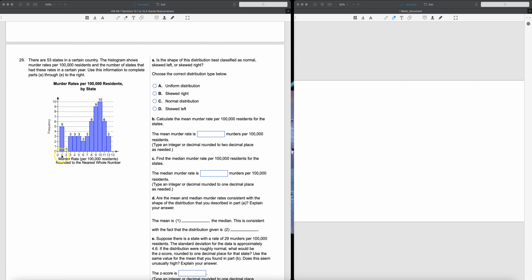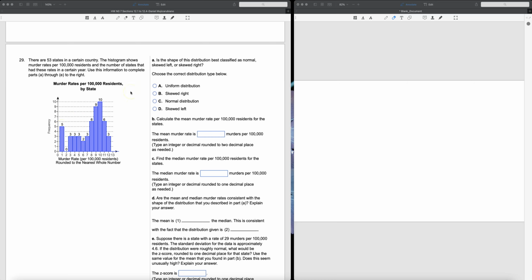And what is the meaning of those numbers? The meaning of those numbers is the murder rate per every 100,000 residents. So they took a sample, they measured that, and they found that for one murder per 100,000 residents, they have a frequency of 5, and so on.